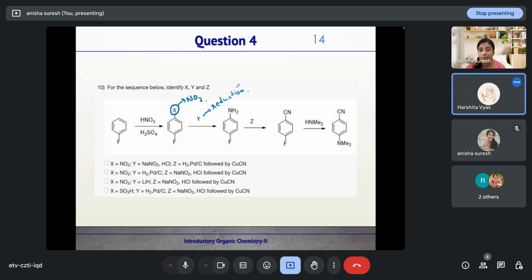Option B is the right answer. So Y should be hydrogenation condition. Under hydrogenation condition, nitro group will be converted into NH2.